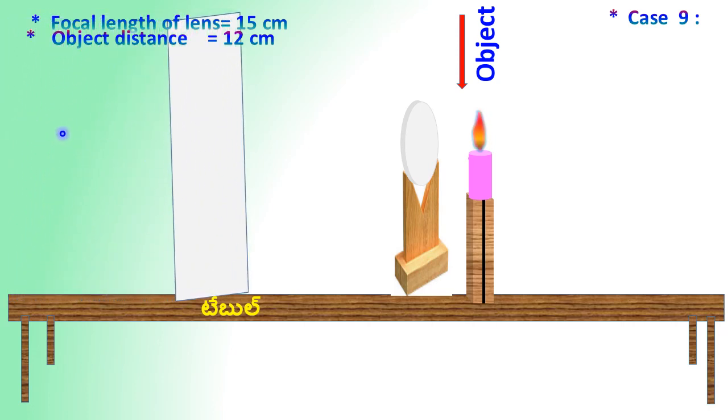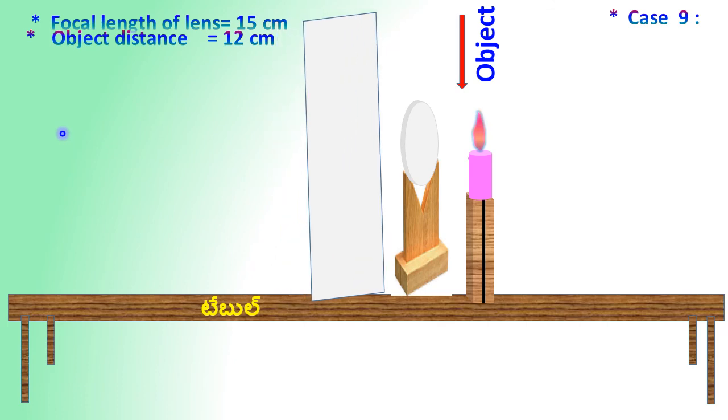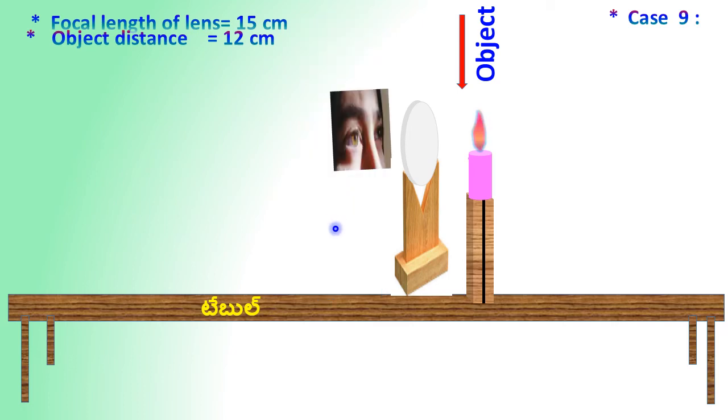Object distance equals 12 centimeters. Now, see whether the image forms or not. No image on the screen. The image hasn't been formed on the screen. Here is the observer, and the image will be formed on the same side as the object, and the observer can see this image through the lens. That's all. This is the image.